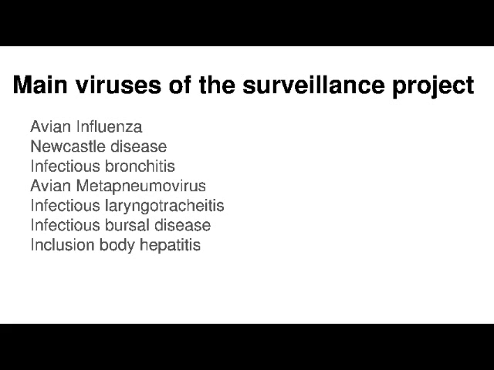Especially the ones lower down, these are some of the viruses that they vaccinate against, or don't vaccinate against, or that they may have had problems with in the past in different layer farms or broiler farms.